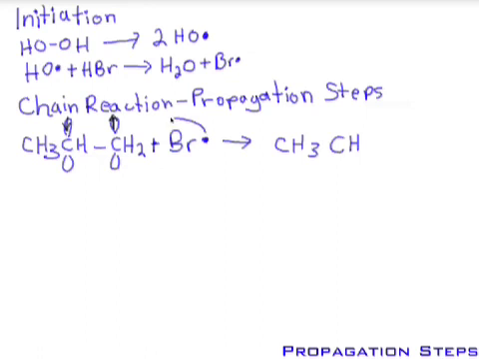If this electron couples with this one, that's going to leave this electron all by itself. And so you can get CH2 and the Br combined, but that's going to leave a dot here.